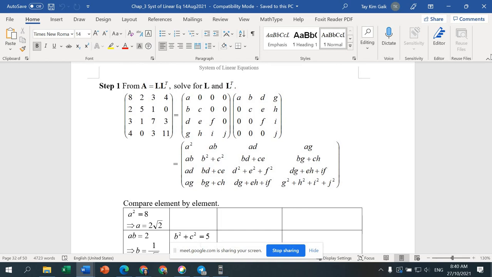Because the diagonal of Cholesky must be positive. That's why, when you take the square root, only take the positive square root. So the technique is the same, you just have to extend it.